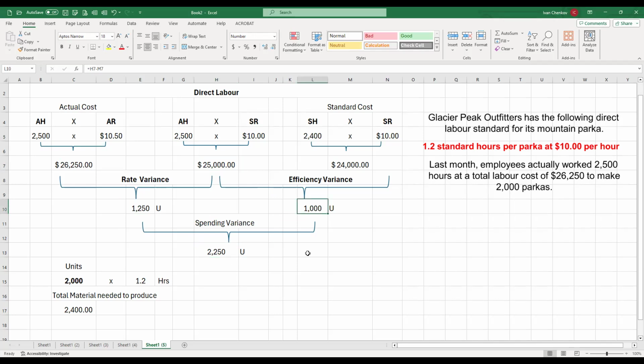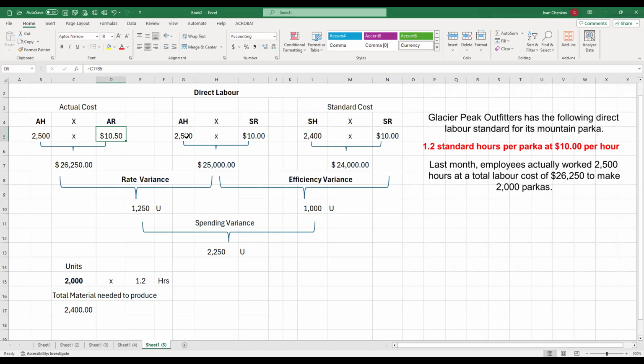How else can we see this? $1,000. How much is the increase in hours? How many more hours are we using? 100. 100 times $10, 1,000. How about the rate? The rate jumped by 50 cents, correct?